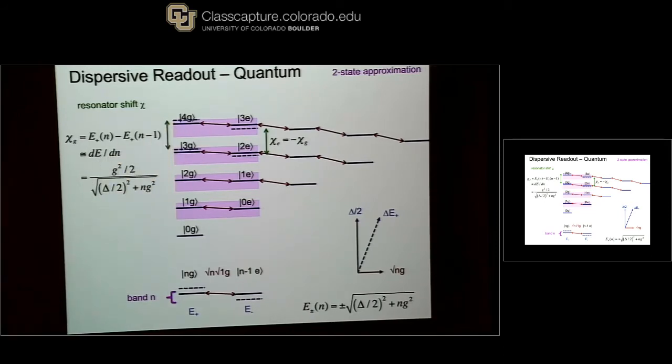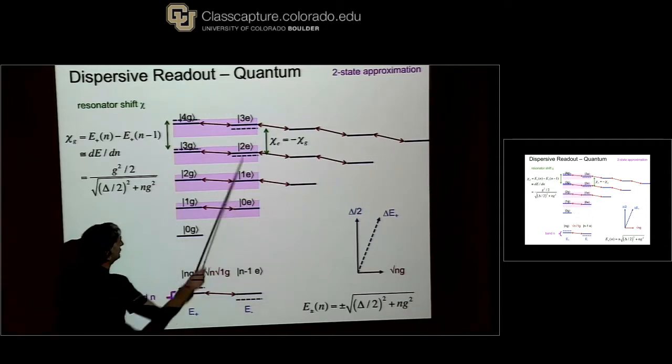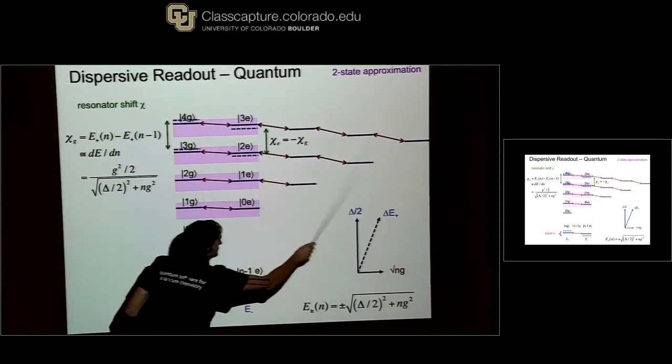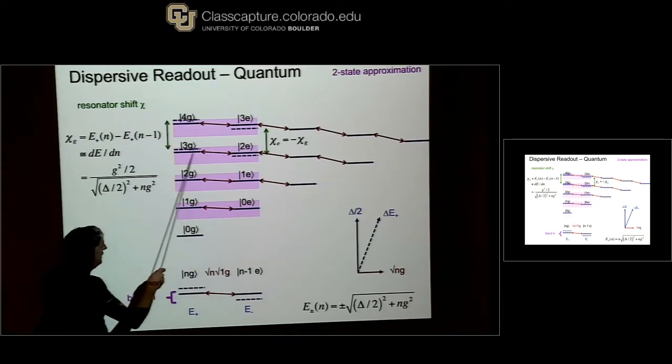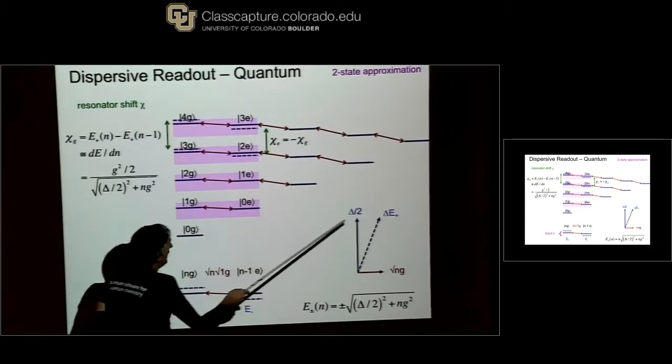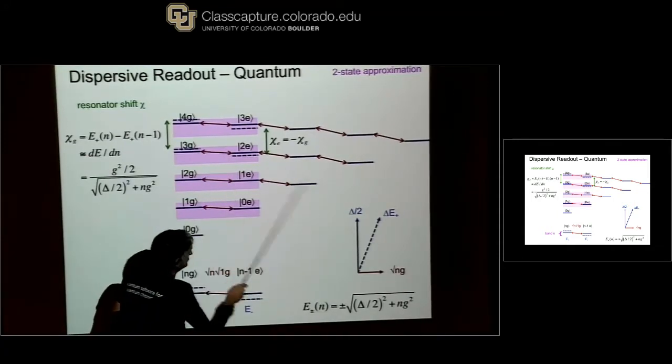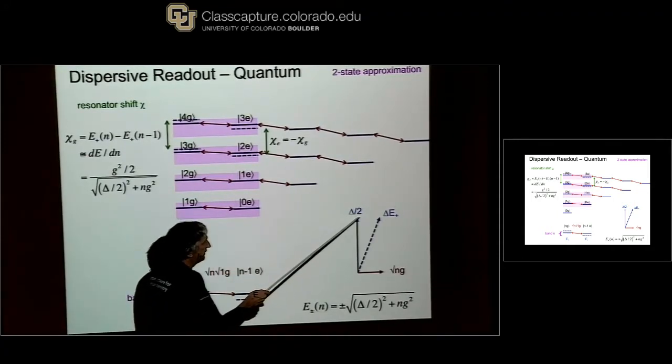Now what we can do, and this is the standard approximation that's made for a simple understanding of what's going on here, is we're going to say, let's just consider two states here. Let's ignore all those other states over here. Because if you have two states, you can solve that easily quantum mechanically, right? You just have a two-state system. You have a splitting between the two states that's delta over 2, positive and negative in energy.